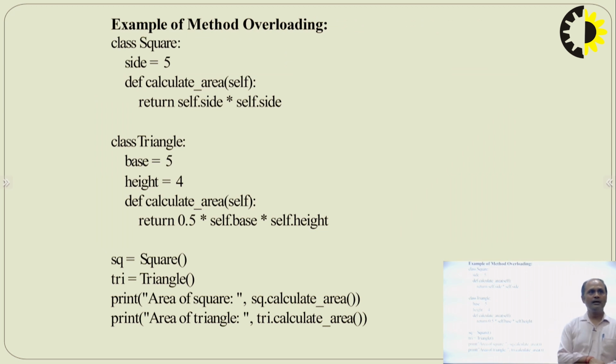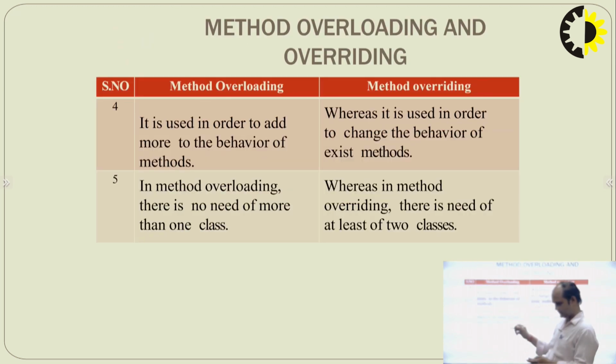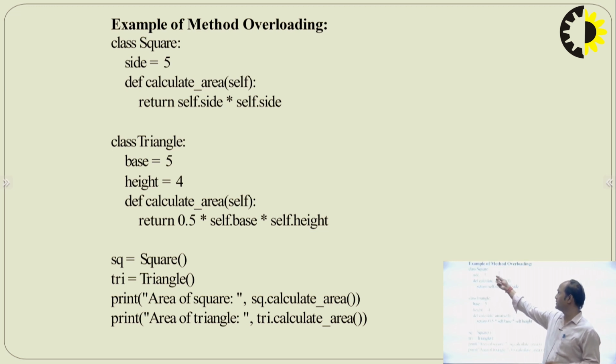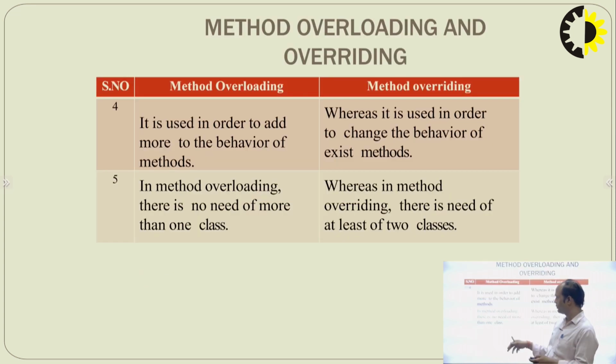Here is an example of method overloading. We have created a class square, with side 5, and a method calculate area. Another class is triangle, with base and height as the attributes of that class, and we use the same function name, calculate area.